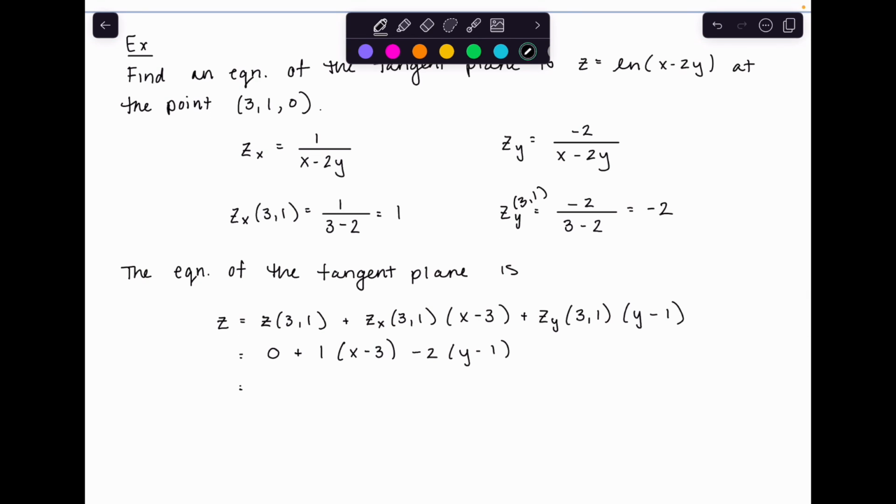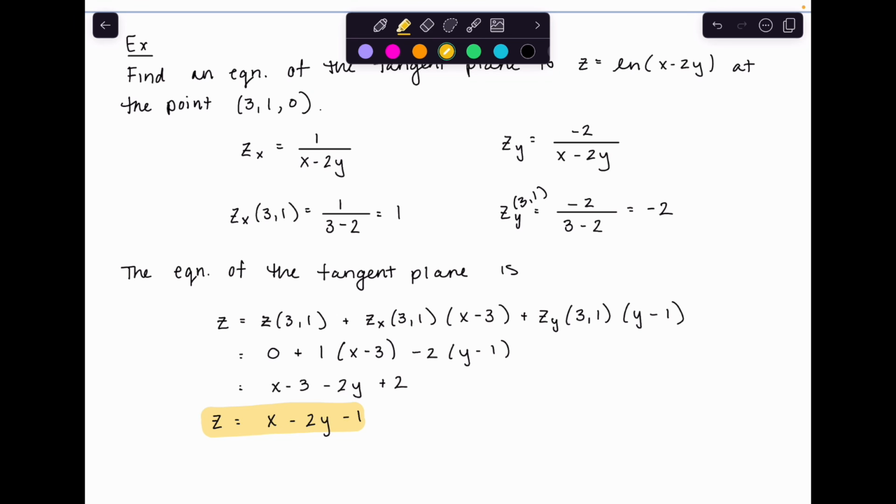You can make this easier because if you do have to evaluate it, it's a little bit nicer if you just distribute everything out. So distributing that minus sign and then grouping the like things, this is x minus 2y minus 1. So this gives us a very nice form for the equation of the tangent plane at (3, 1).